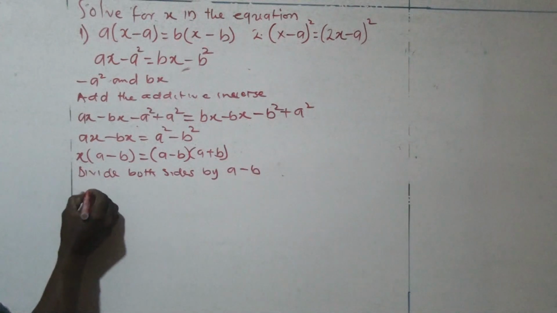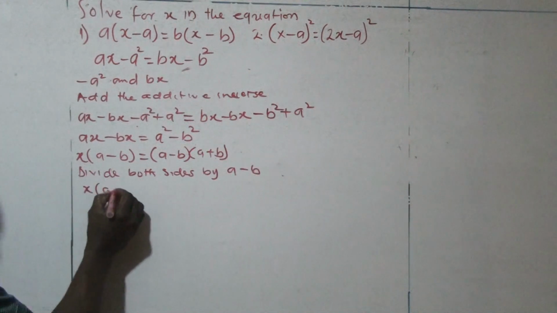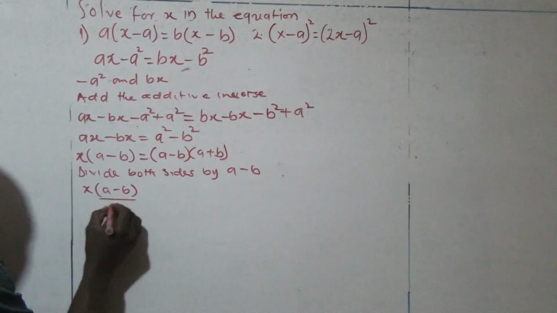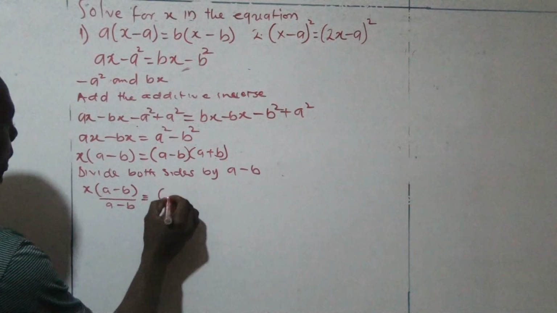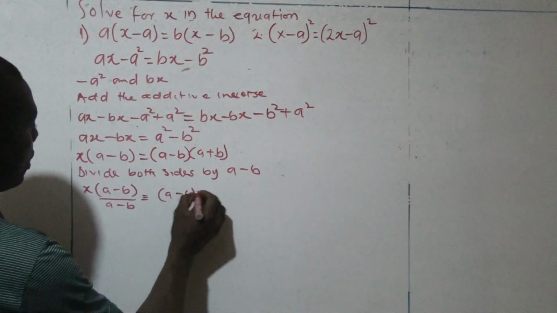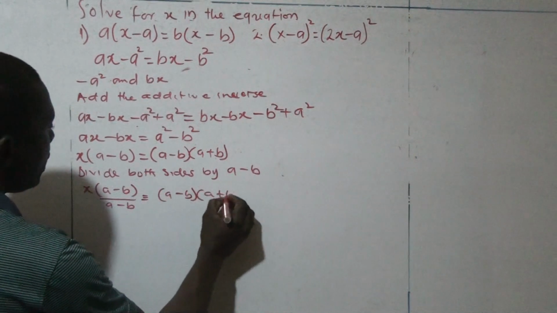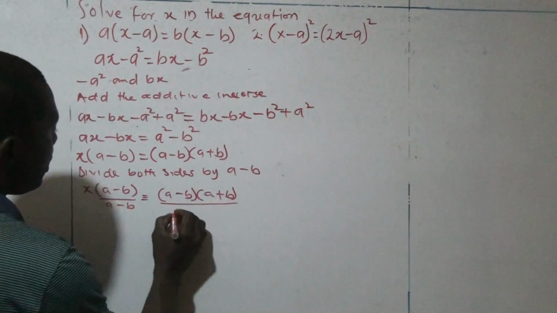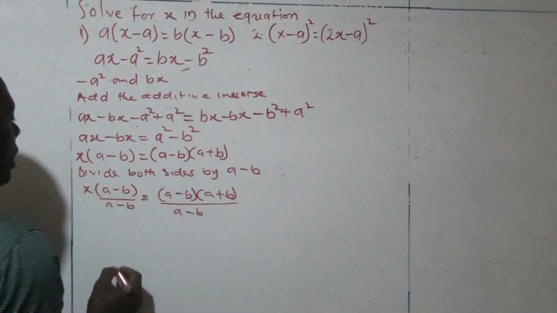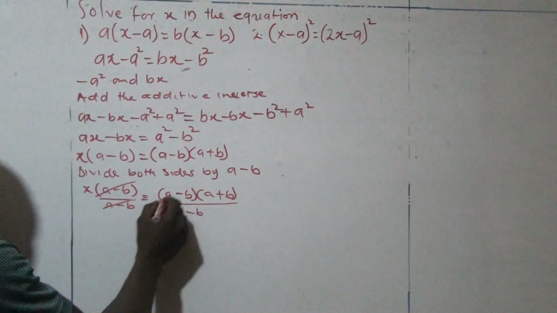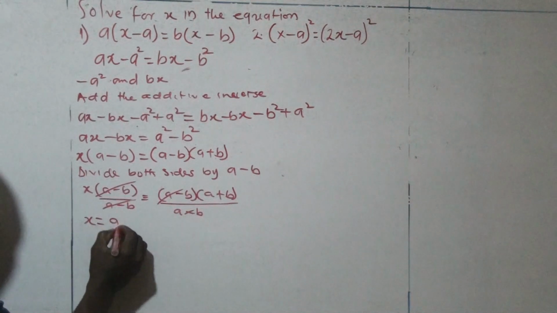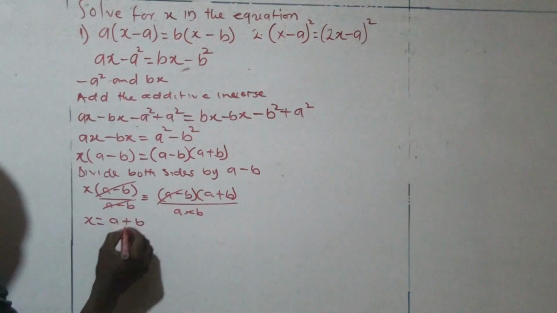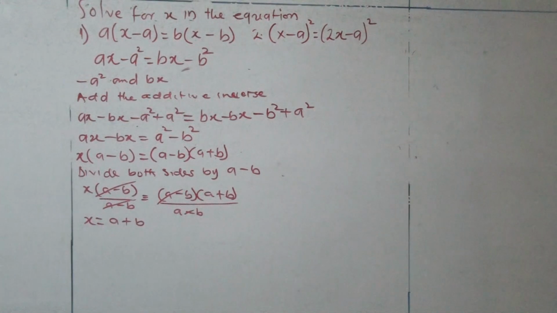So here we have x into a minus b divided by a minus b is equal to a minus b into a plus b divided by a minus b. Here we see that our x is equal to a plus b. That is the value of x. That's one part of the question.